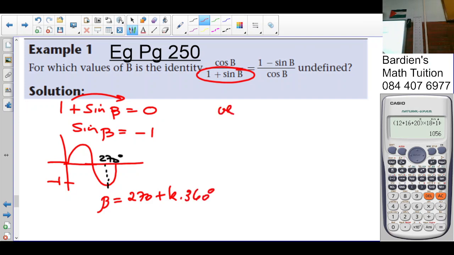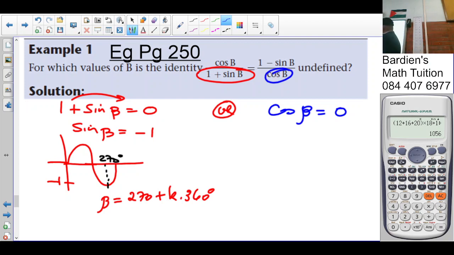Right. Or with this denominator, cos of beta is equal to 0. Again, the denominator is equal to 0. So we take this to the cos graph. You guys understand? So where is cos of beta equal to 0? At which values? At which point is this? 90. And this point? 270.